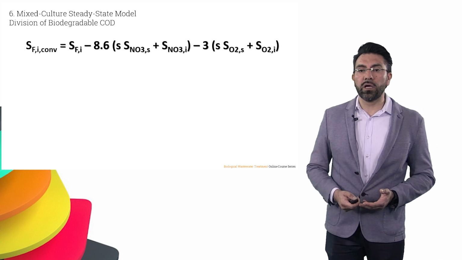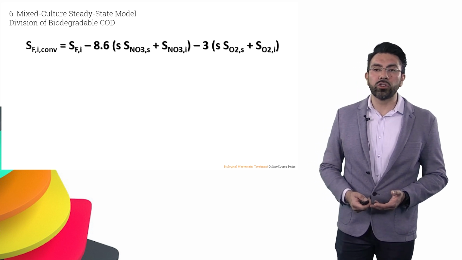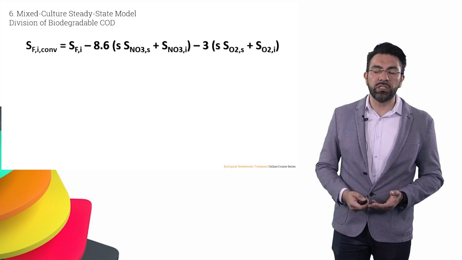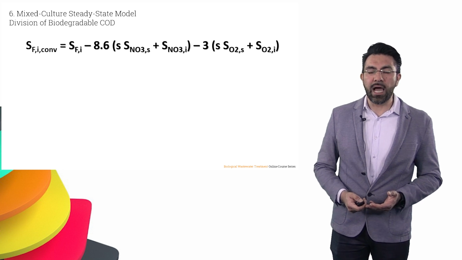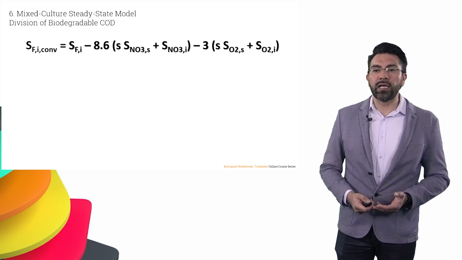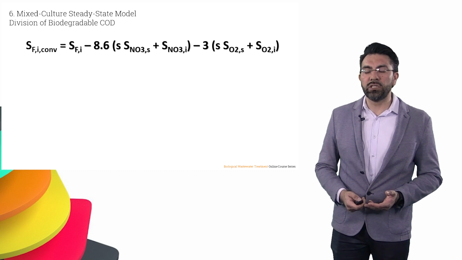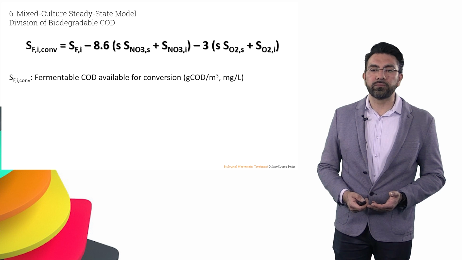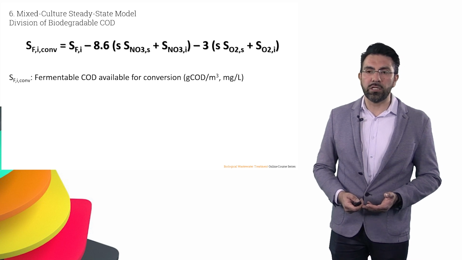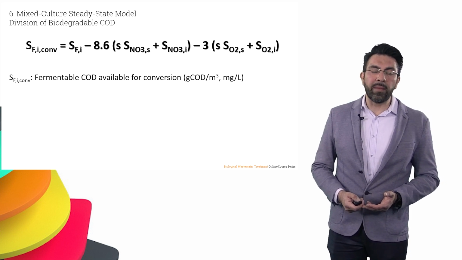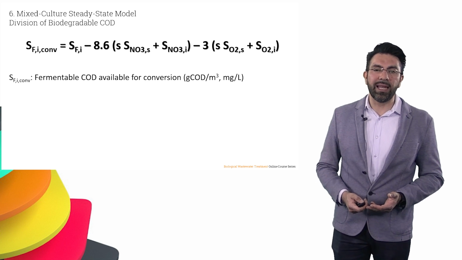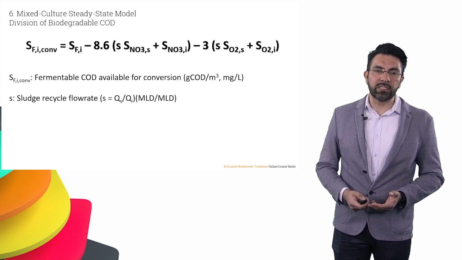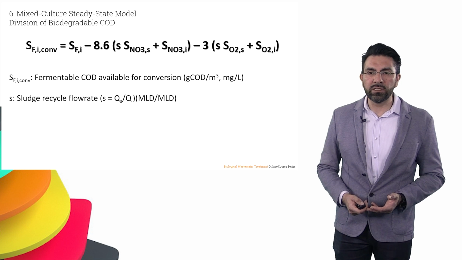And we also take into account the amount of fermentable COD that will be consumed by the OHOs, taking into account the amount of COD that is needed for the utilization of oxygen. So this fermentable COD that is available for conversion takes into account how much we have in the influent.